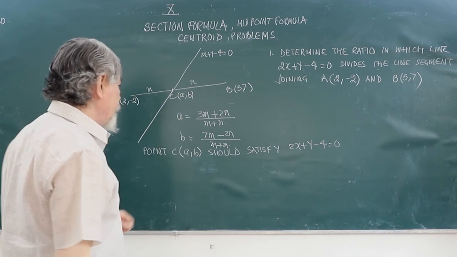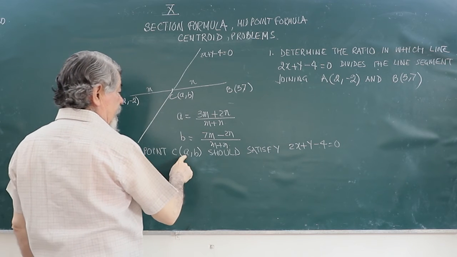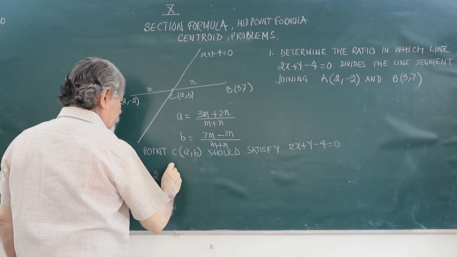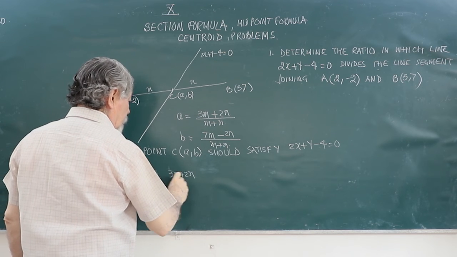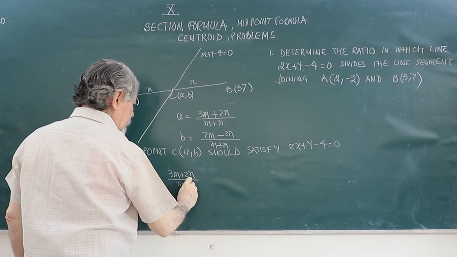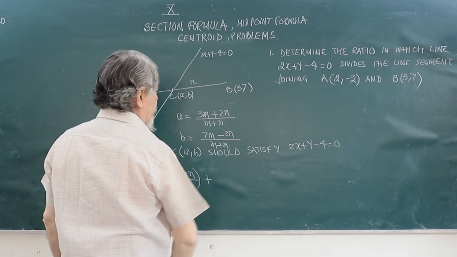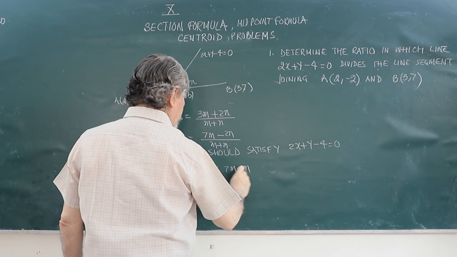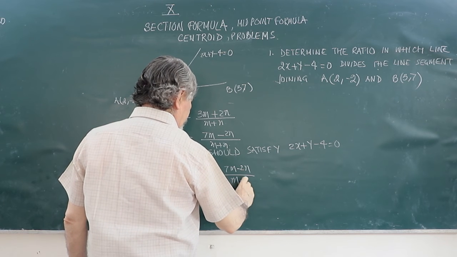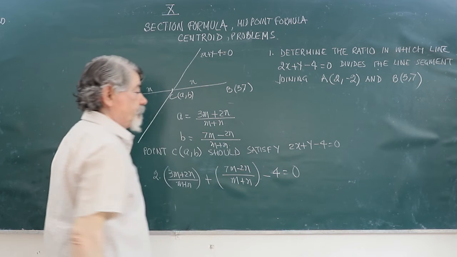So let us substitute this. 2 into x, the x coordinate, 3m plus 2n upon m plus n, plus y, which is 7m minus 2n upon m plus n, minus 4 is equal to 0.